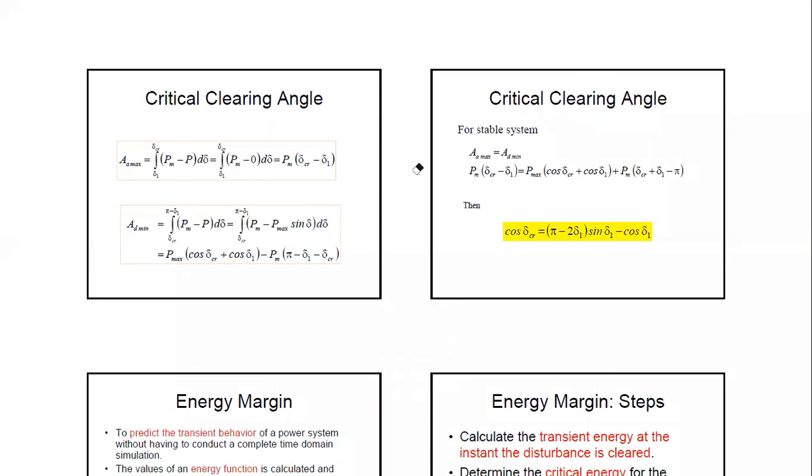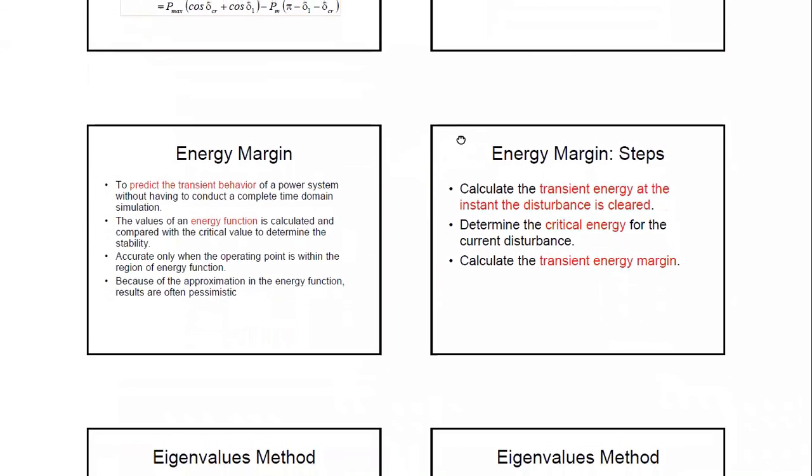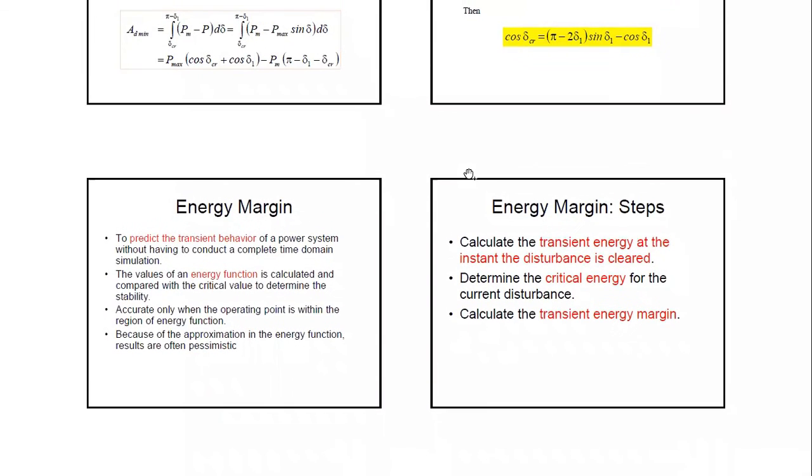Let's see the energy margins. The energy margin is used to predict the transient behavior of the power system without having to conduct a complete time domain simulation. The value of the energy function is calculated and compared with the critical value to determine the stability. It is accurate only when the operating point is within the region of the energy function.